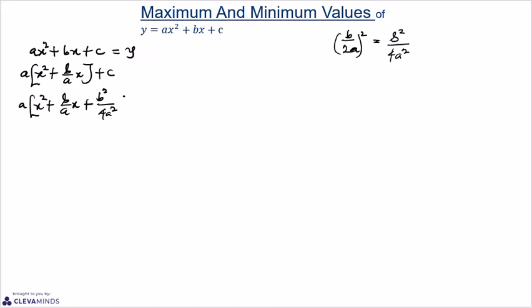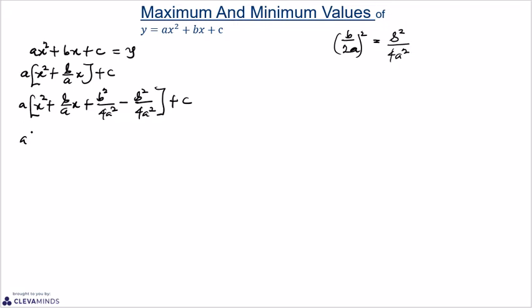Are you with me now? So we need to subtract b squared. It's just a mathematical technique or trick in order to make it the same. Good. Then we put back in brackets. Then we say plus c. Do you understand? Good.